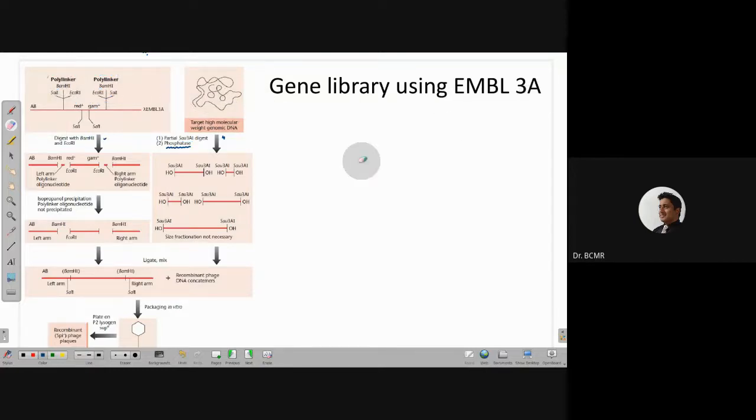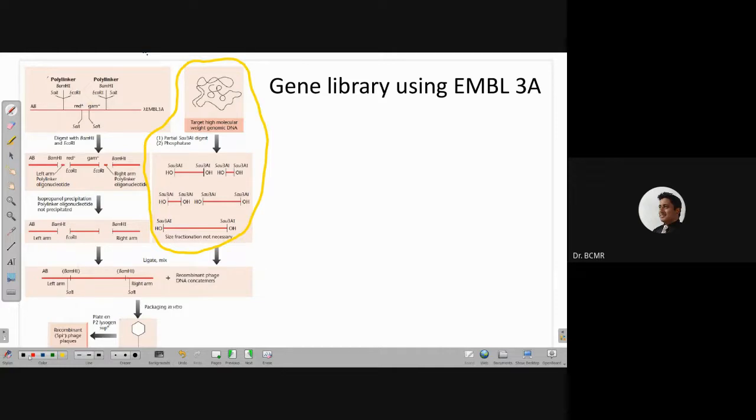The goal is twofold: one is to review EMBL3a, and the other is to introduce genomic libraries. We'll go step by step. Yesterday I did not focus on the genome side. Today I'm going to focus on that as well.